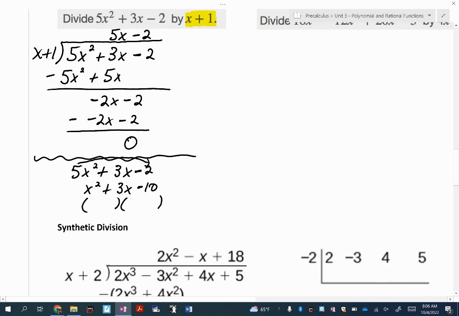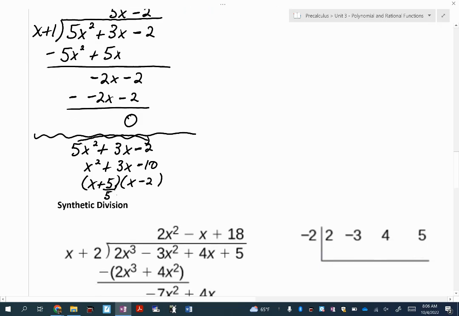Give me factors of negative 10 that add to 3. That's going to be x plus 5 and x minus 2. Put them over that number we slid. So if you finish it, you get x plus 1 times 5x minus 2.